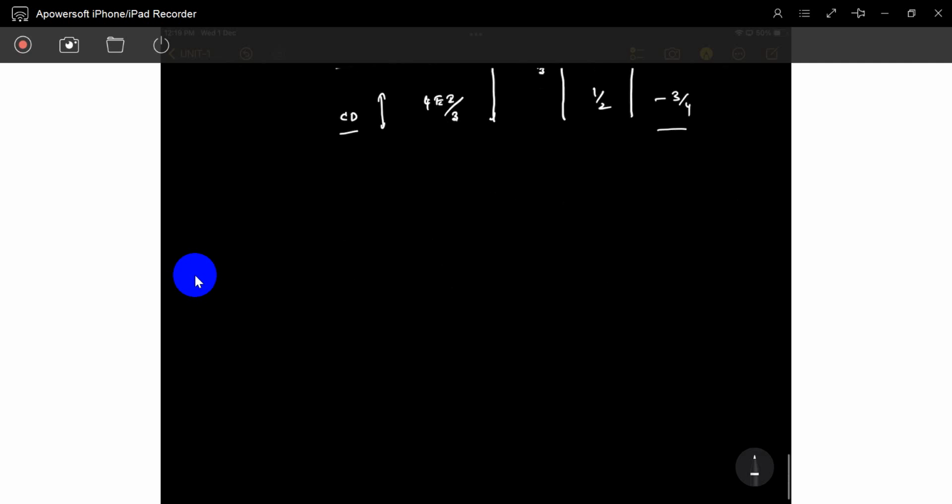For the problem also you have to write down this diagram.